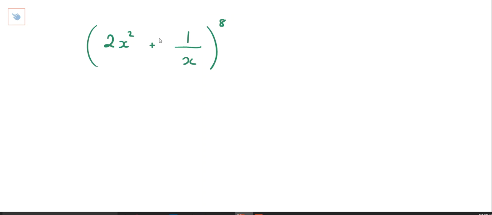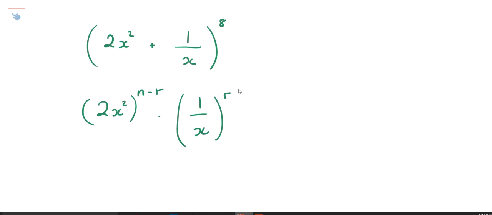And basically what happens is you end up with a 2x squared to the power of n minus r multiplied by 1 over x to the power of r, and you need that to be the same, so that the division cancels the x's out and you end up with no x's. Alright? But that we'll talk about when you're a bit more used to doing everything else. Okay? But that's the next stage. Alright? Great.